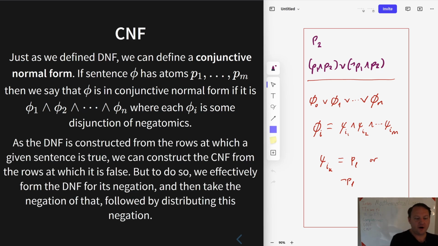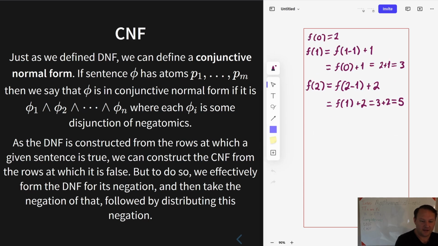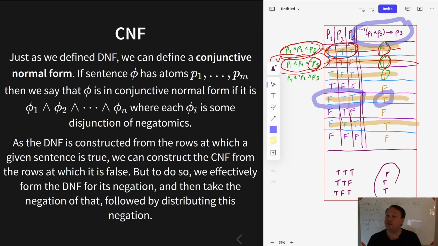We saw before how we can get the disjunctive normal form by reading off the rows at which the sentence is true. To get the conjunctive normal form, here's the plan: we will read off the rows at which the sentence is false. Basically we get the disjunctive normal form for the rows at which it is false. We don't stop there, so don't be too confused.